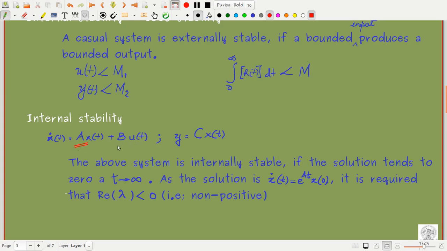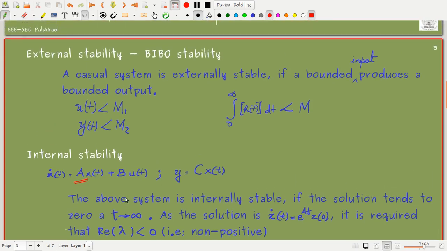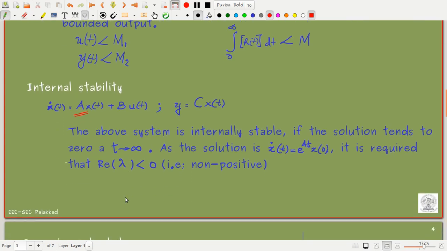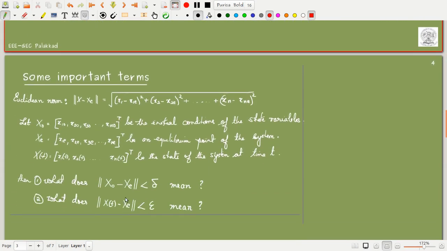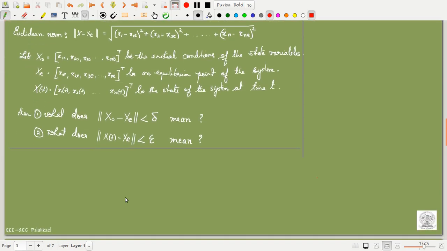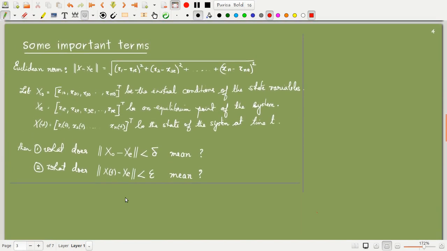So we cannot speak in terms of the poles of the system and speak about its stability. We have to find different notions of stability, and we will be speaking about equilibrium point stability.